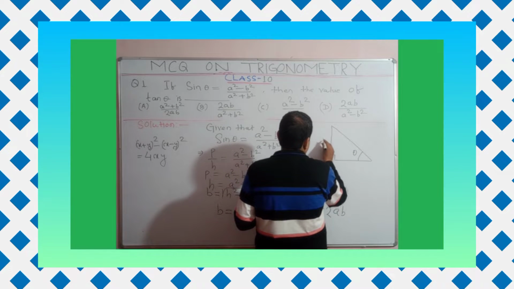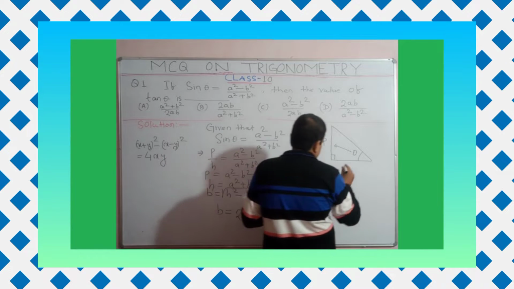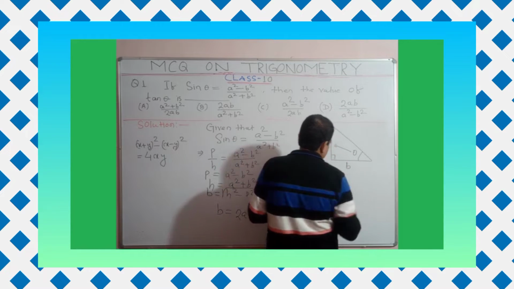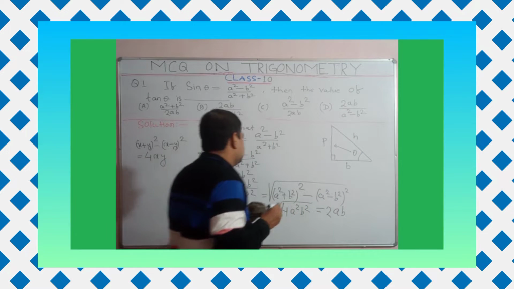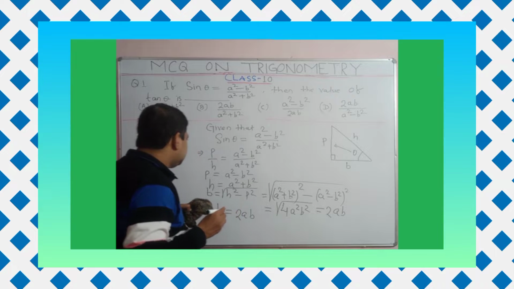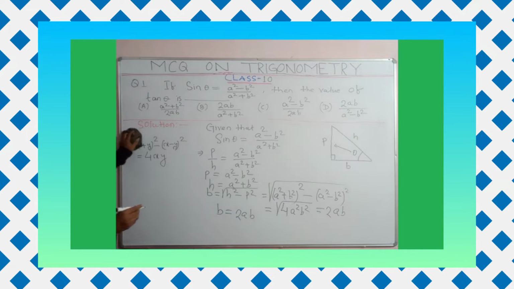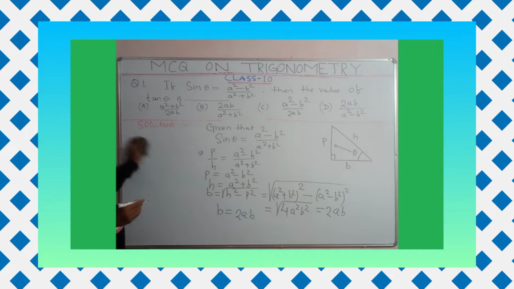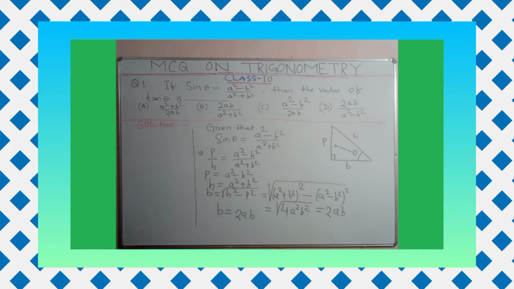This is the opposite side, the perpendicular to the acute angle, the adjacent side other than the hypotenuse is known as the base, and the longest side is known as the hypotenuse. We already got the values of P, B and H, so we got all three sides. Now you can find the value of tan theta, the trigonometric ratio of tan theta.